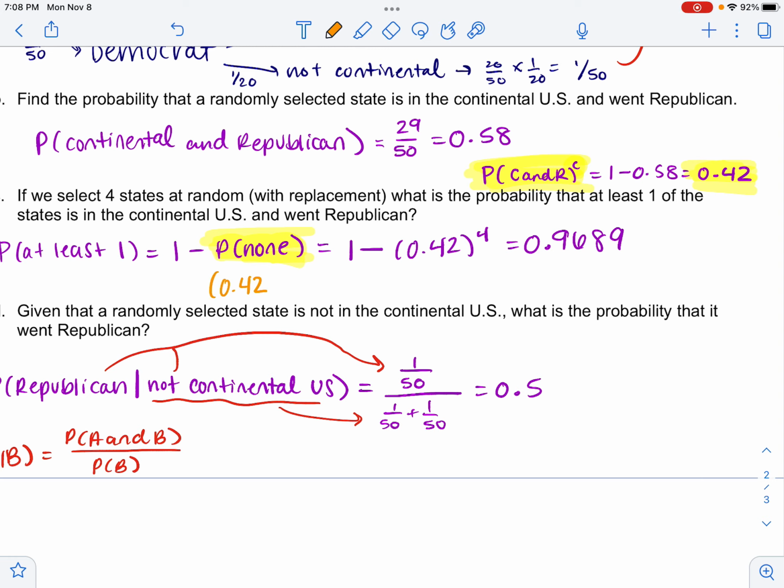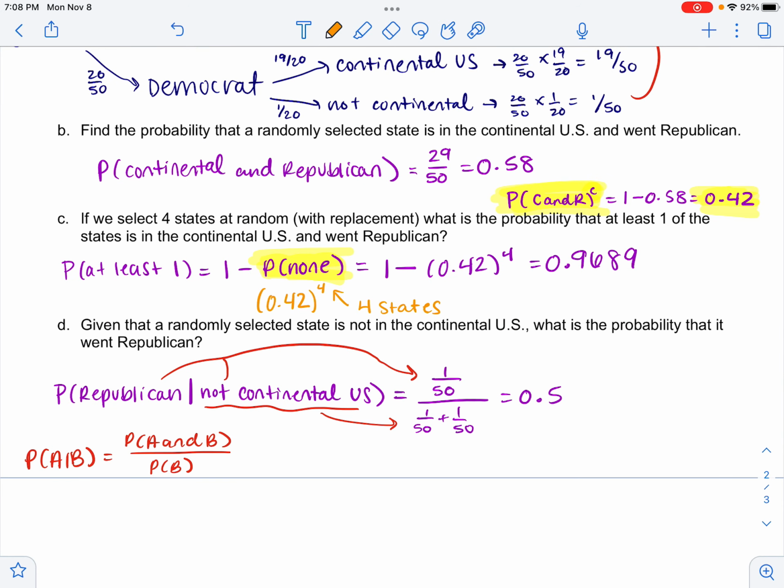But to find that none of the 4 states are continental and Republican, I raise it to the 4th power because there are 4 states. So right here in orange is the probability that 0 of the 4 states are continental and Republican. Then I do 1 minus that probability to find the probability that at least one of them is.